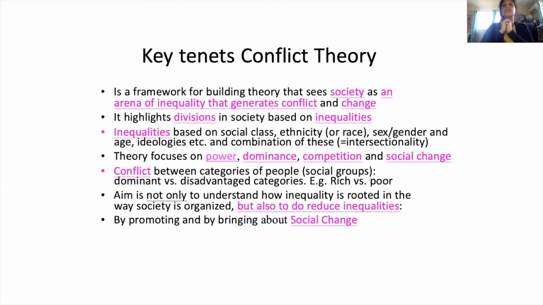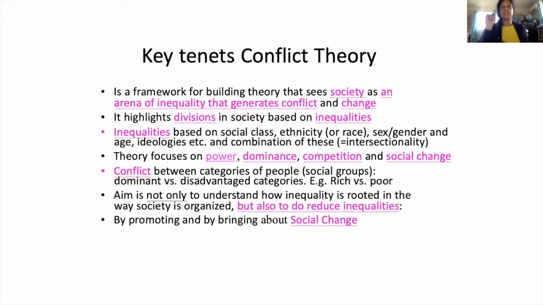We call that intersectionality. So this theory focuses on power, dominance, competition, and social change. Social change is an important part of conflict theory.